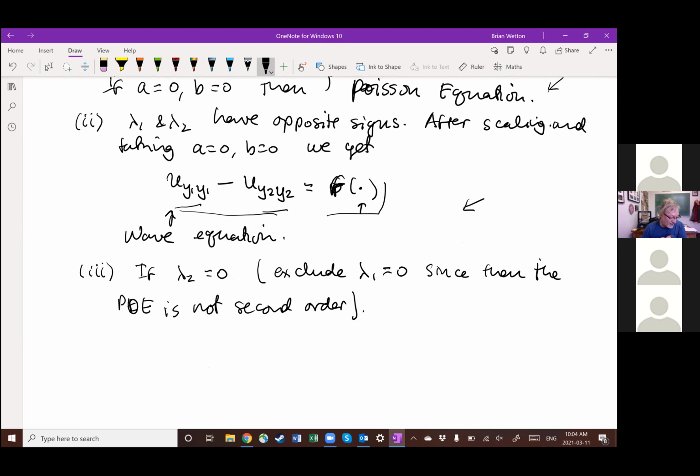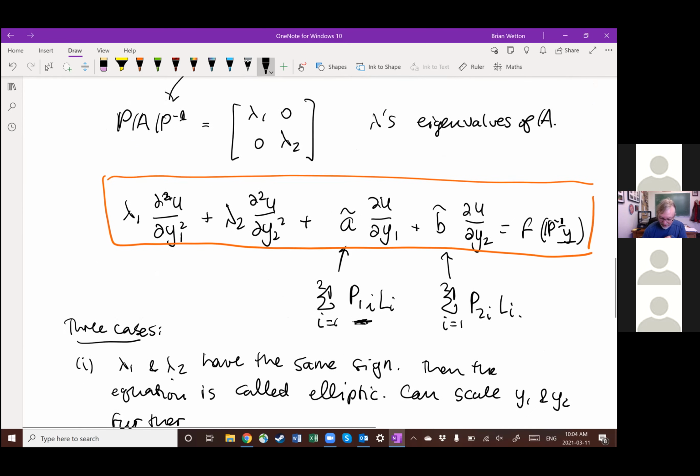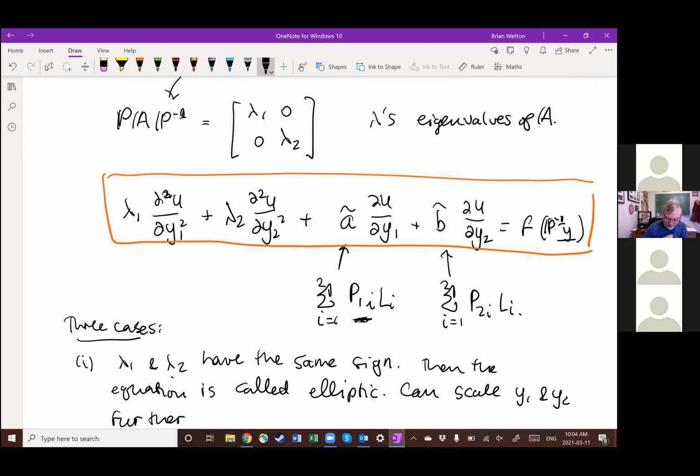Okay, so if you've got that, then I have to do something a little bit more. Here is where I've got to. I now know that this term is gone. I'm going to assume now, though, that this term is not 0. Now, I'm doing that because otherwise, there's no y2 derivatives in this problem at all, and it's just an ODE for y1.